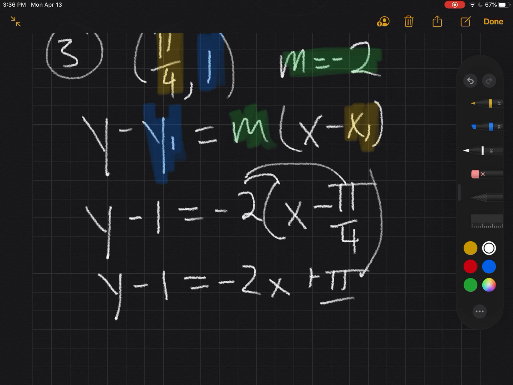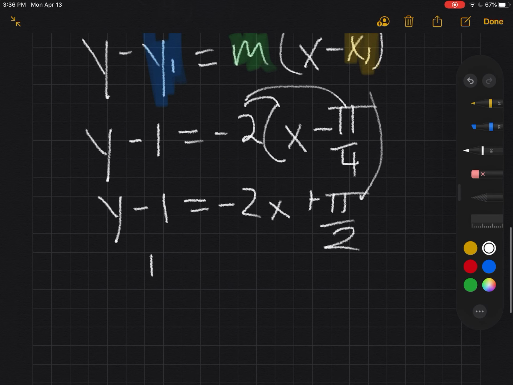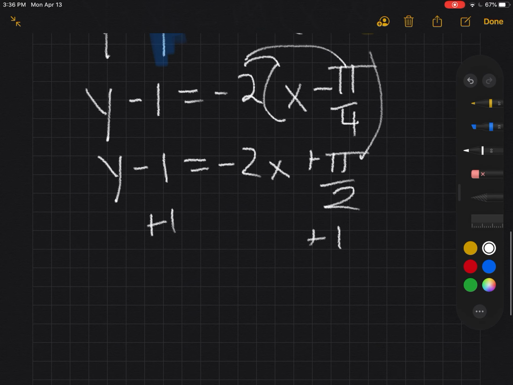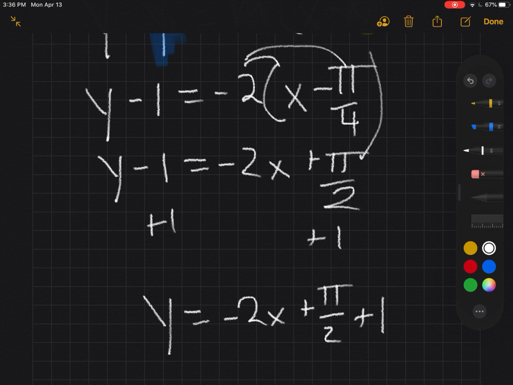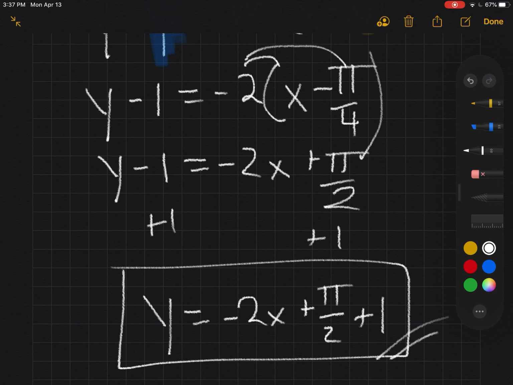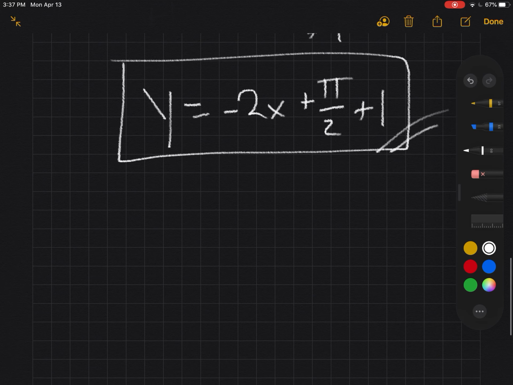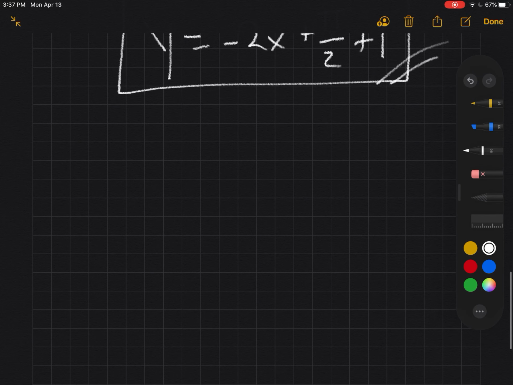So we have y minus 1 equals negative 2 times x minus pi over 4. And we want to give our answer in slope-intercept form, so we'll go ahead and distribute. And we have y minus 1 equals negative 2x plus pi over 2. Add 1 to each side. We get y is equal to negative 2x plus pi over 2 plus 1. And that is our final answer.